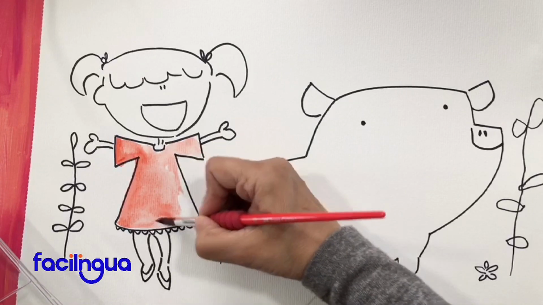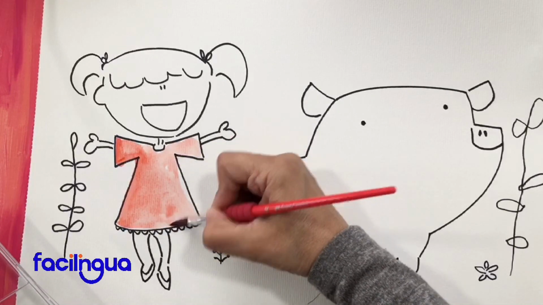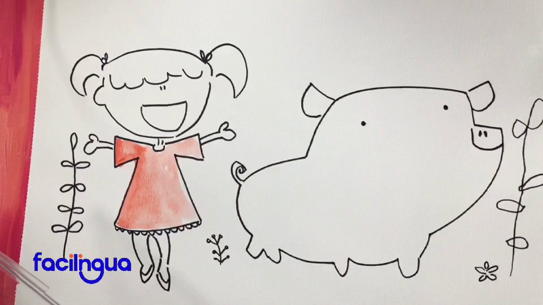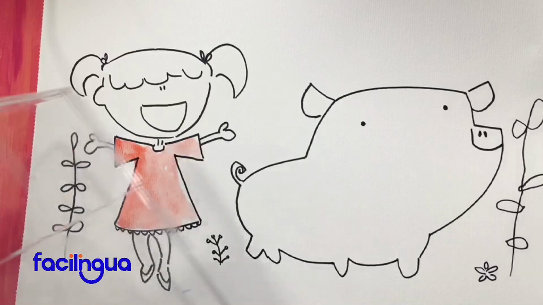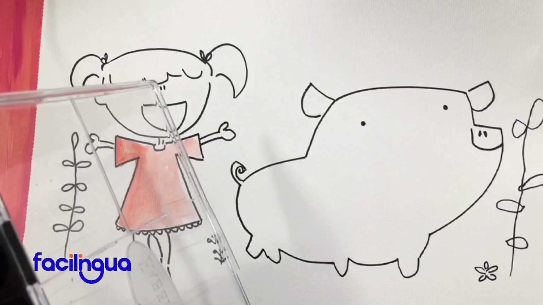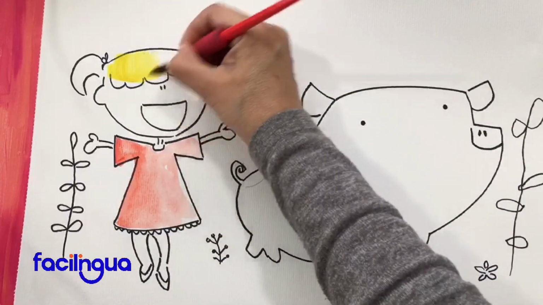She's wearing a red dress. And going to color her hair. Her hair is yellow.